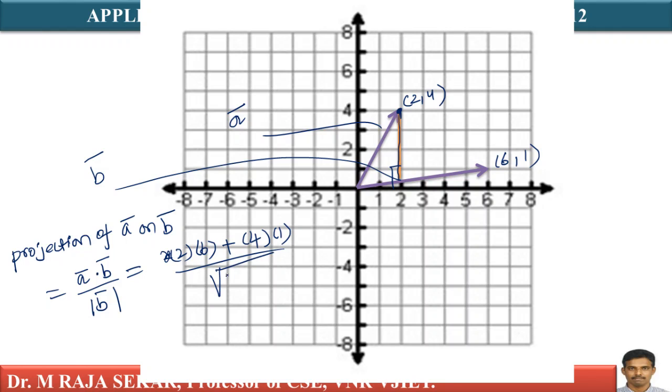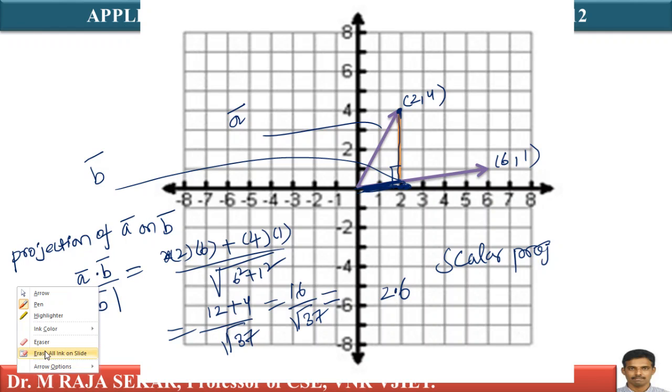Mod B bar is under root of 6 square plus 1 square, that is root 37. So 16 by root 37, which gives about 2.6. This is again a scalar projection. This length is almost 2.6, and one can understand that.